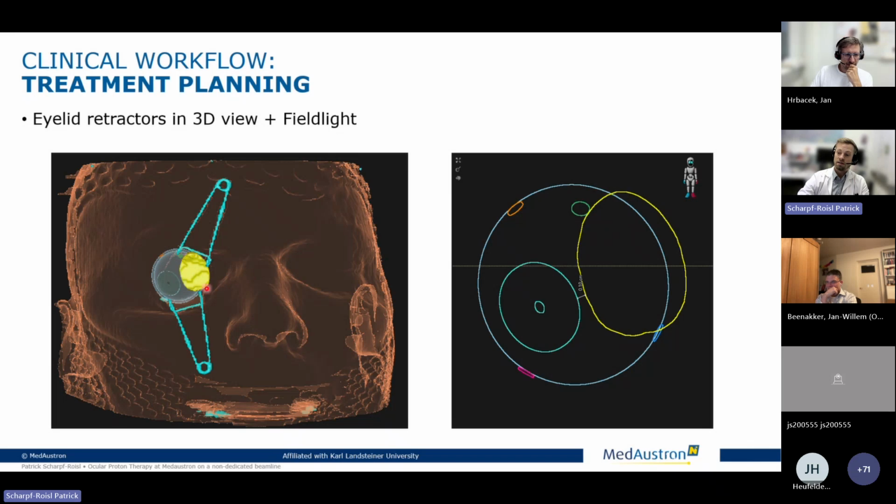We see that now the projected field of the treatment would fall onto the upper eyelid, so it's necessary to pull further in this direction. So we have this a priori knowledge as well, and we can provide a field light printout for the field light check after the immobilization, which I will come to in our patient treatment workflow.